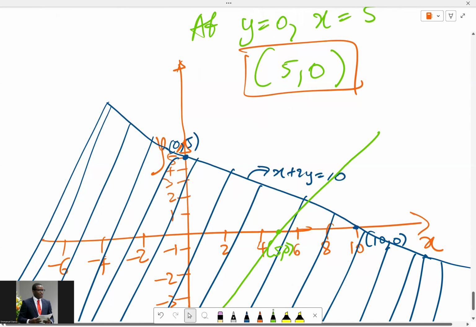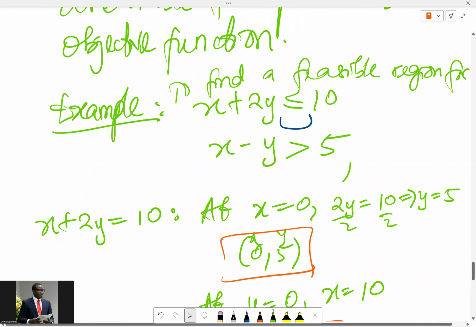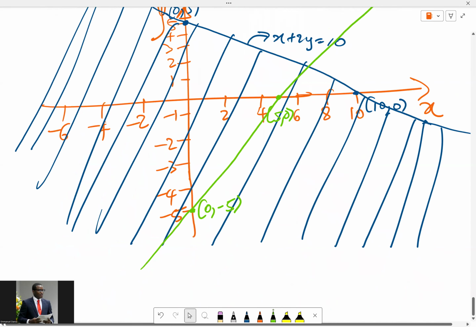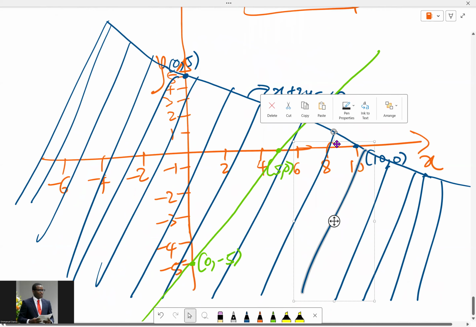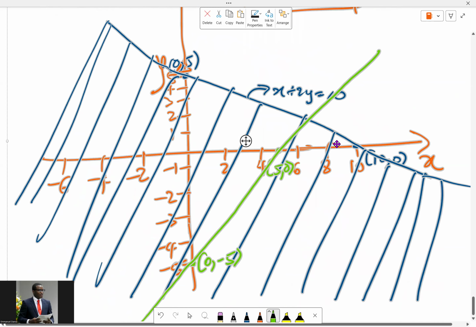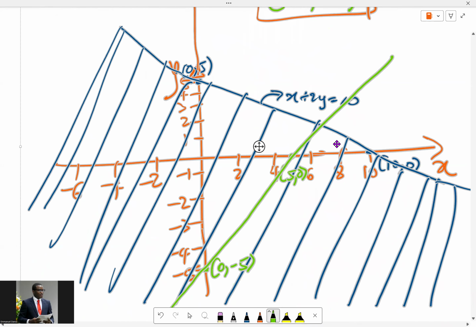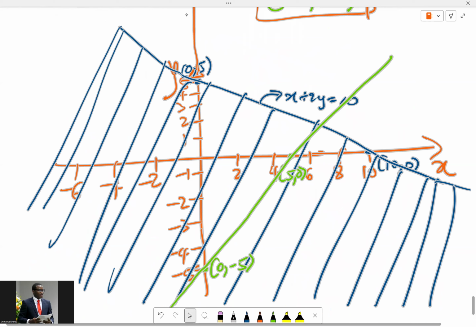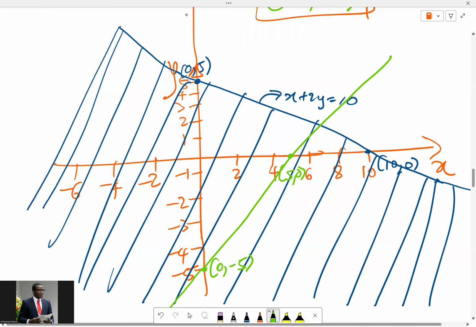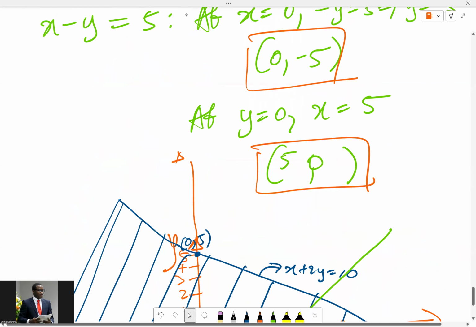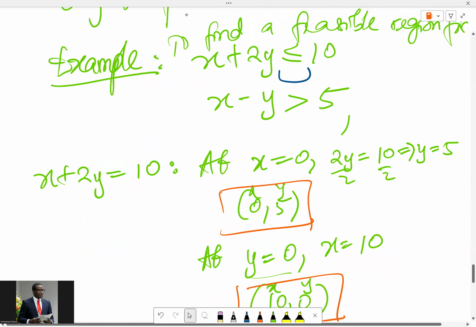So now what are we looking for? We need x minus y greater than 5. So this is 5 here. If you shade the downward part of the graph, we are looking at x minus y greater than 5, right?